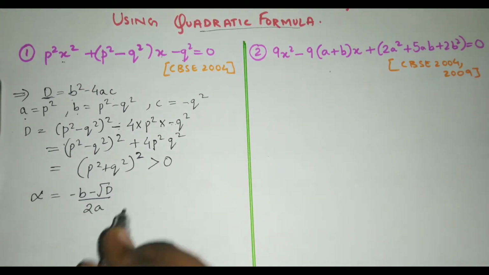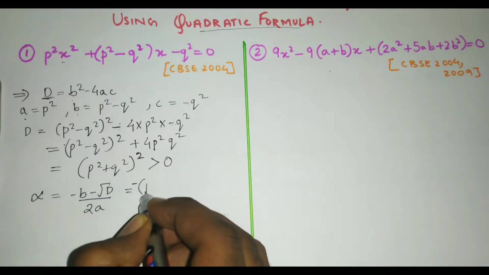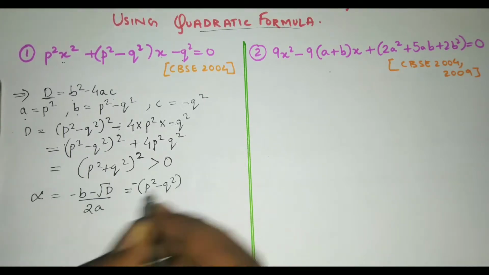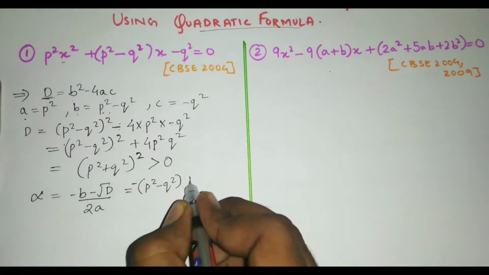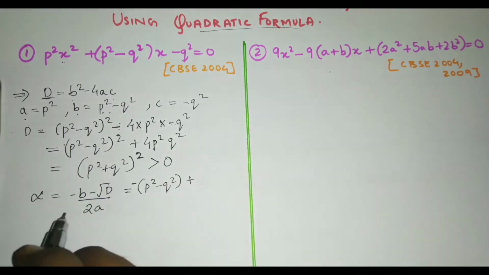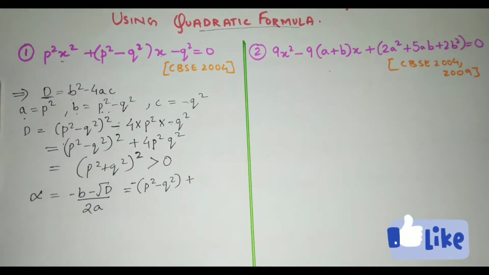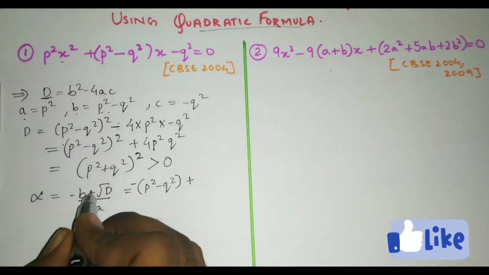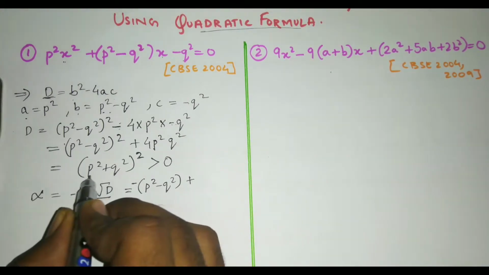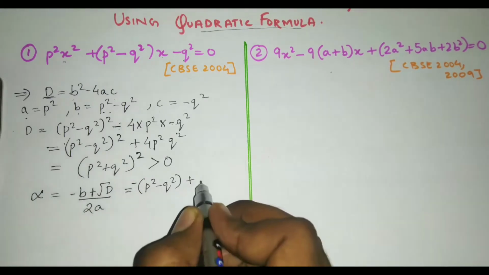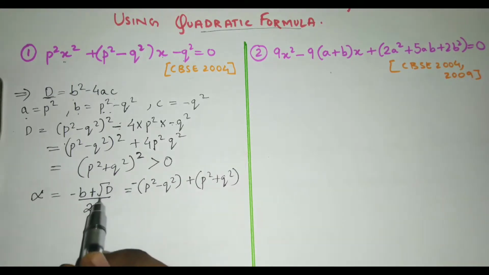Which is equal to minus b, that is p square minus q square, plus root D. This term D is p square plus q square the whole square, which gets cancelled because of the square root.